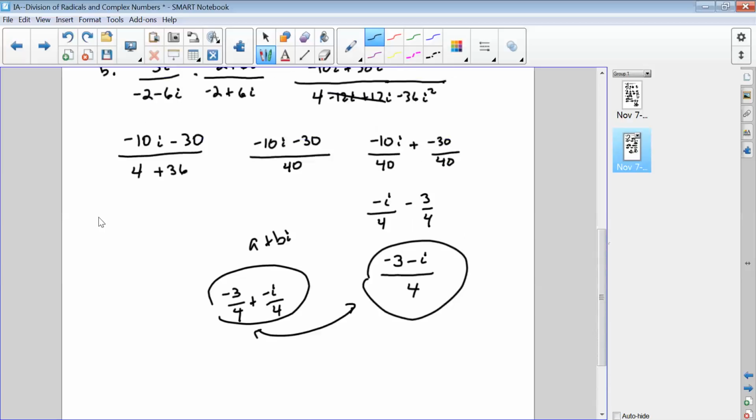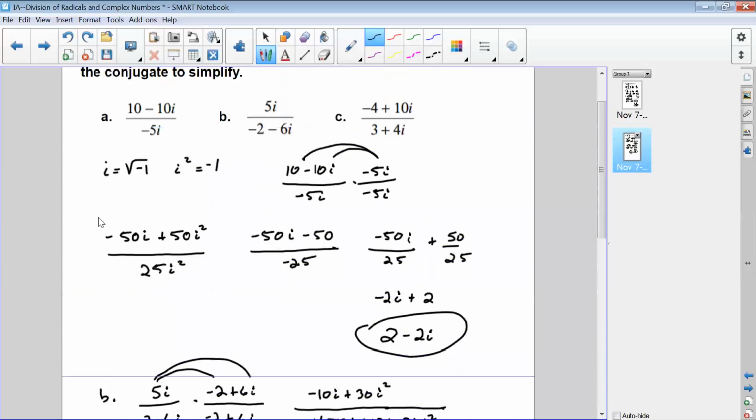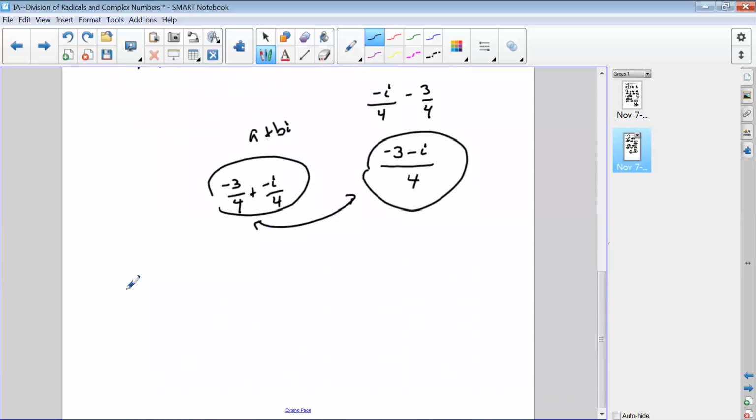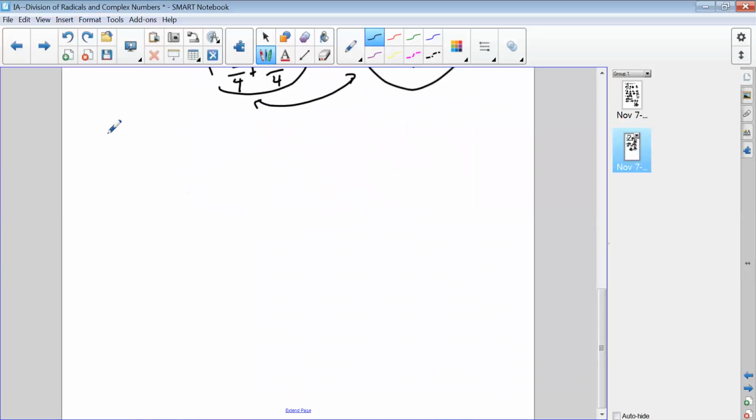All right, and then the last one, part C, is negative 4 plus 10i divided by 3 plus 4i.